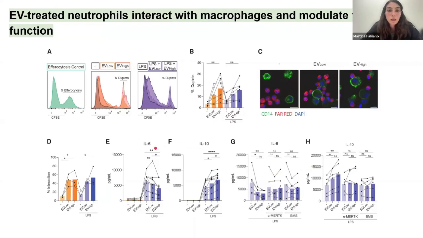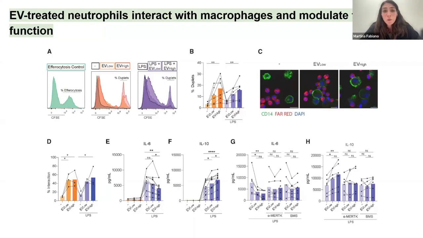We did it by flow cytometry in panels A and B, in which we stained neutrophils with CFSE. As you may see here in the green panel, there is a positive control done with apoptotic neutrophils, in which you can see this population after the main one, between 10 to the 3rd and 10 to the 4th, and that means there is phagocytosis. The macrophages are phagocytosing apoptotic neutrophils.